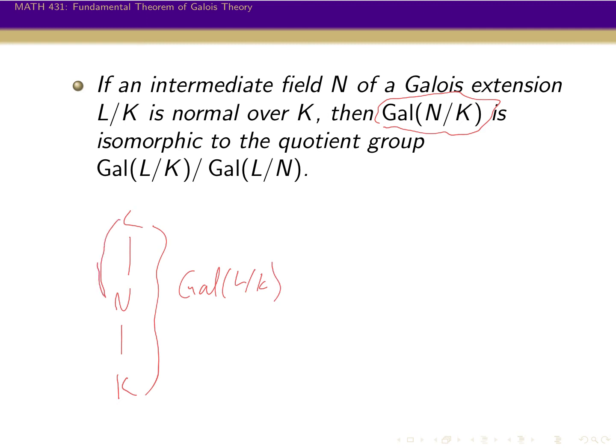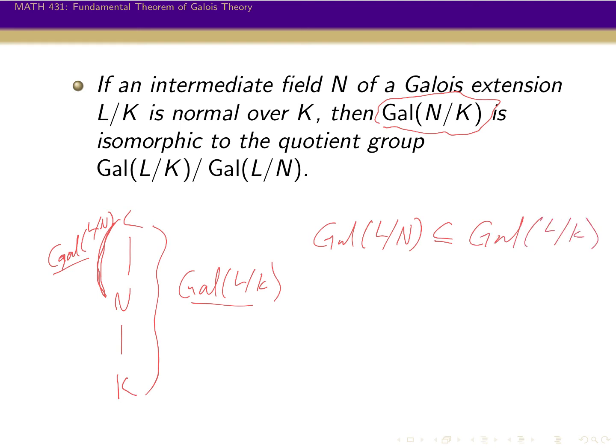And automatically, if we take any subfield and go up to the top field, we have our Galois group of L over N. Well, we have this natural relationship between these, that the Galois group of L over N is always going to be a subgroup of the Galois group of L over K. But we don't really have anything to talk about that part, N over K. Well, what this is saying is that if we have a normal extension, then actually we can get our hands on this part of the extension too.